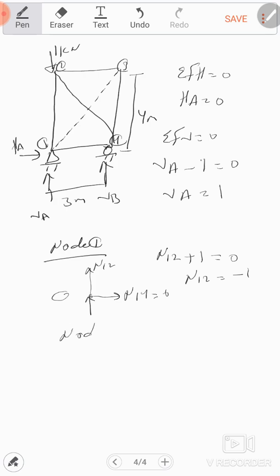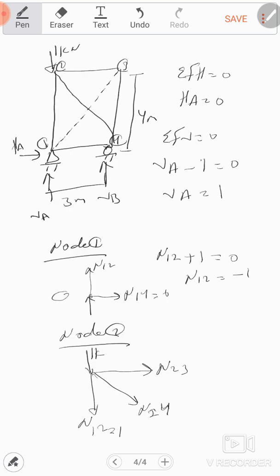Node number 2, we have N23 and N24, 1 kilonewton, and N12. This is equal 1 as we found this value. And this is the alpha. Same steps like I did before.